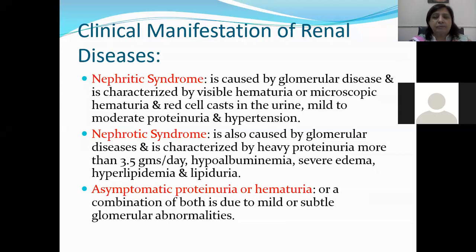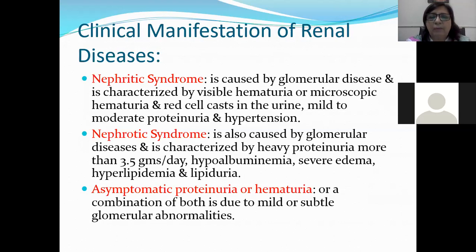Nephrotic syndrome. Nephrotic syndrome is caused by glomerular diseases, and it is characterized by heavy, massive proteinuria, which is more than 3.5 grams per day. So this is the difference between nephritic and nephrotic syndrome. In nephritic syndrome, proteinuria is present, but it is mild to moderate. But in nephrotic syndrome, heavy proteinuria is present. It is more than 3.5 grams per day.